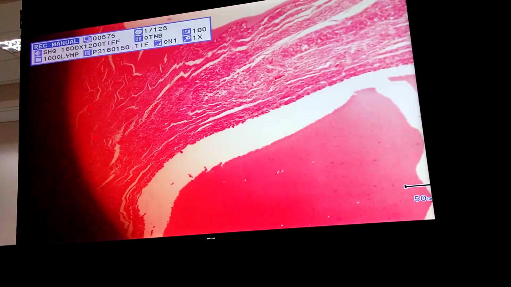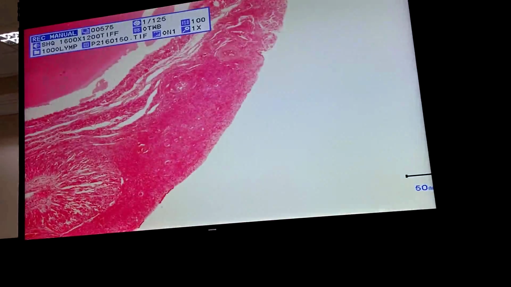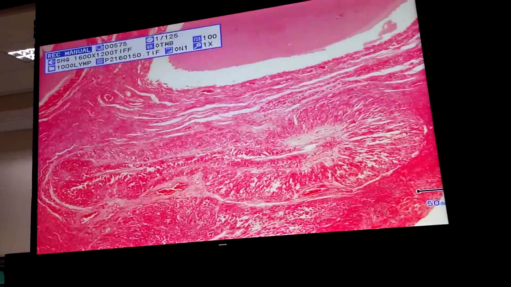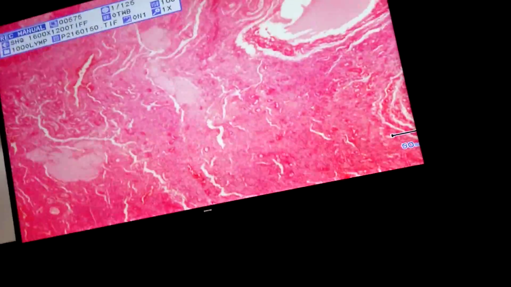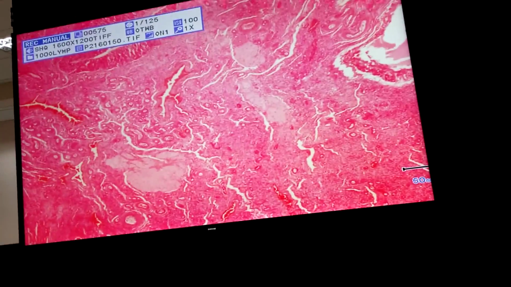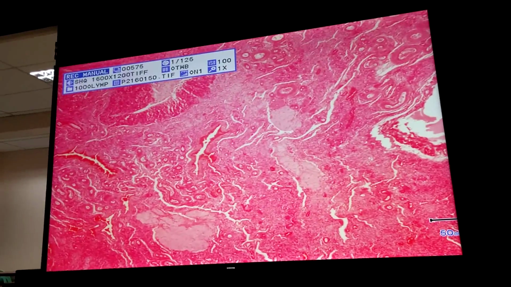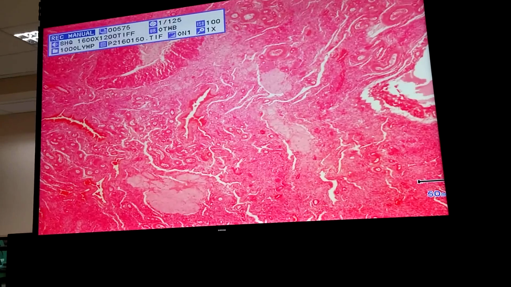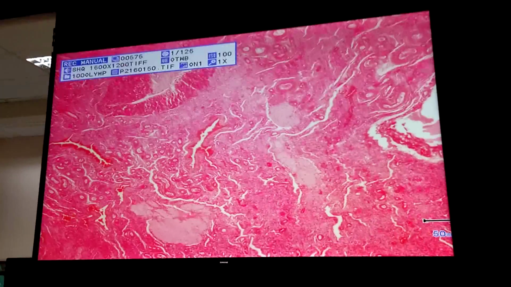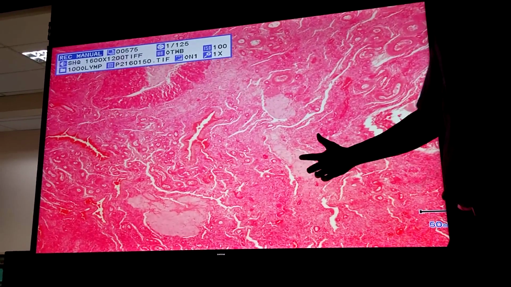Now, after 14 days, if there is no fertilization, what will happen to the corpus luteum? It will become transformed into white bodies.